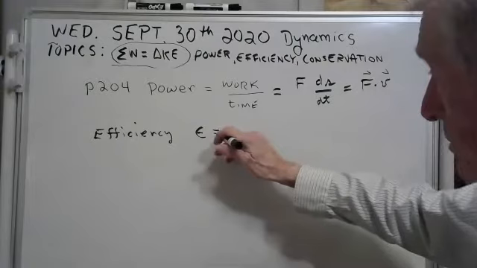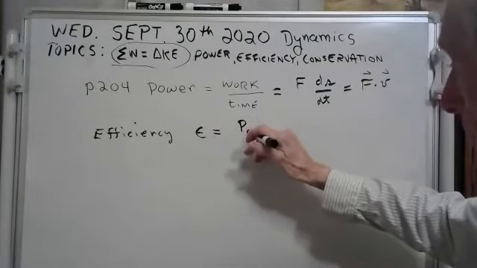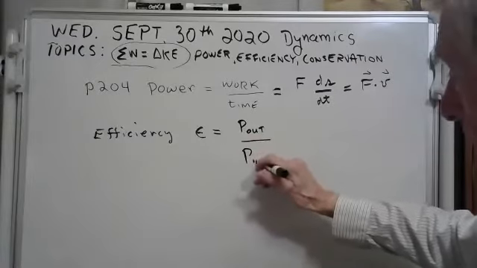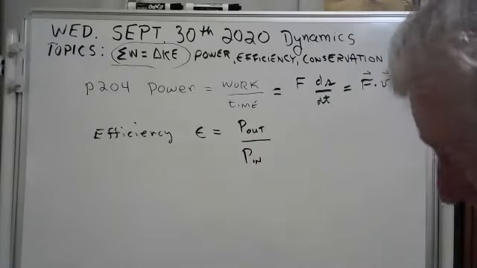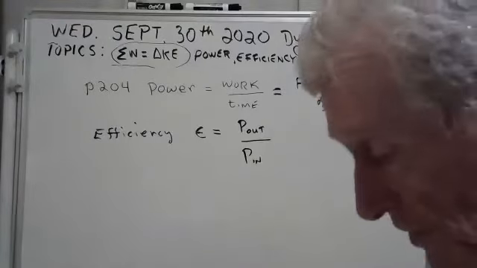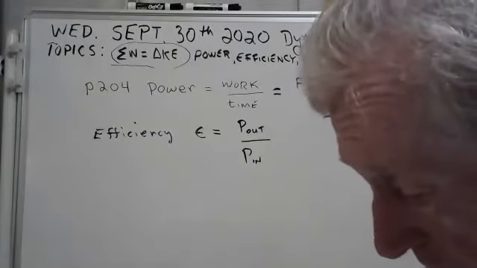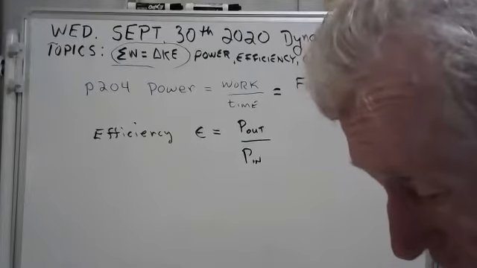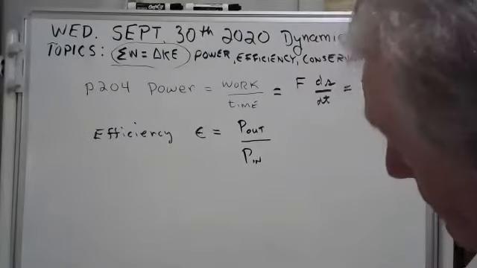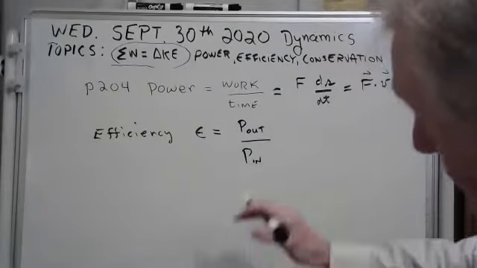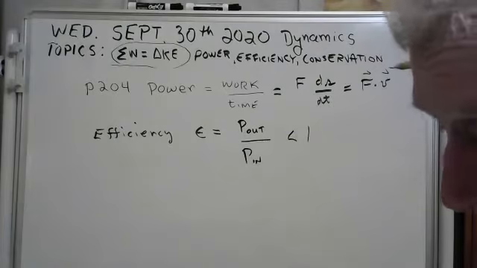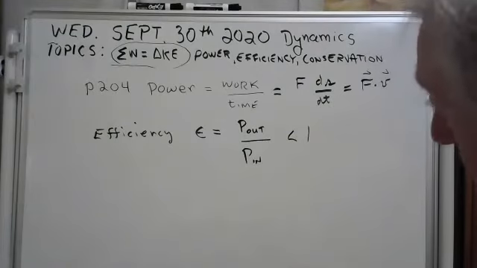But what it is, it's your output power divided by your input power. For a motor, for instance, the output power is always a little less than your input power. Efficiency is always less than 1, or less than 100%.